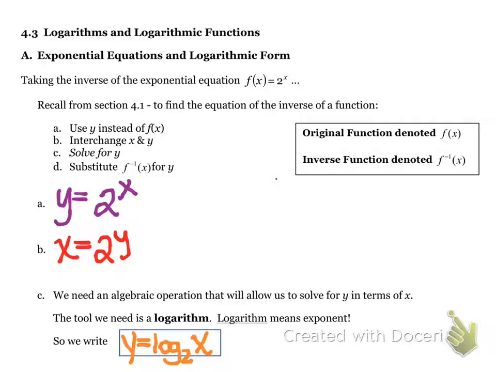And then part D just says to replace f of x, or y, with f to the negative 1 of x. So then we have f inverse, which is log base 2 of x. Notice how the base of the exponent became the base in the log. So we had 2, and now it's 2 in the log.